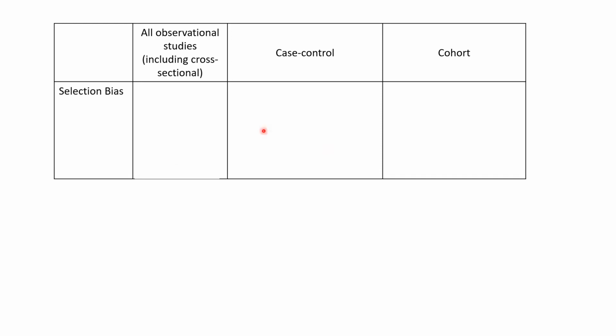If you remember what we can find in cross-sectional studies or all kinds of observational studies, or the types specific to case control or cohort, try to participate, and if you don't, try to guess. What could cause selection bias?